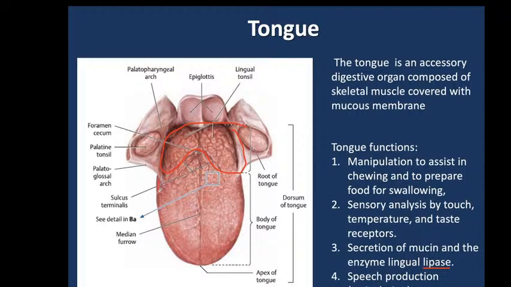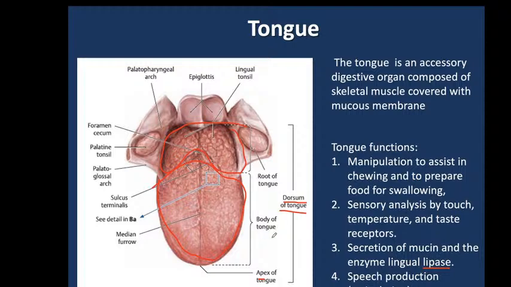And the anterior part, the main or basic part, is the body of the tongue. And the end of the body is the apex. So when you open your mouth and look inside, you usually see the dorsum of the tongue. This is the upper surface of this organ.